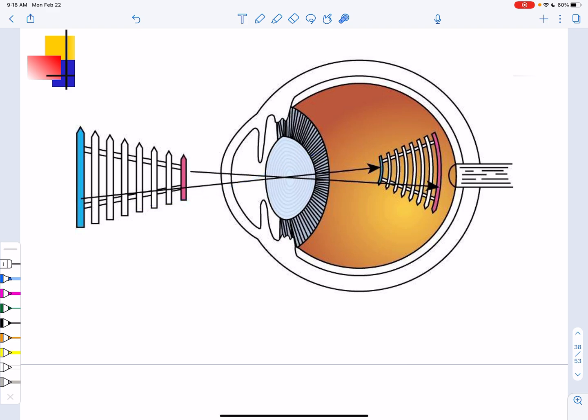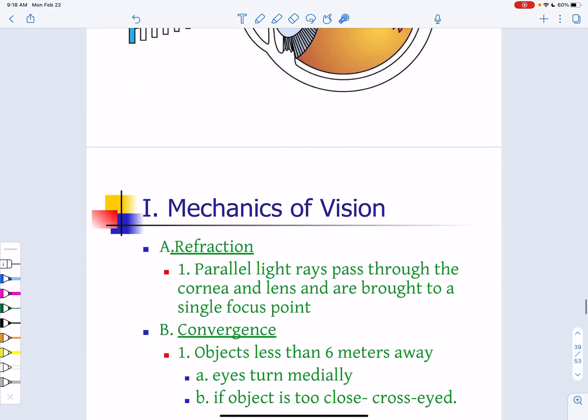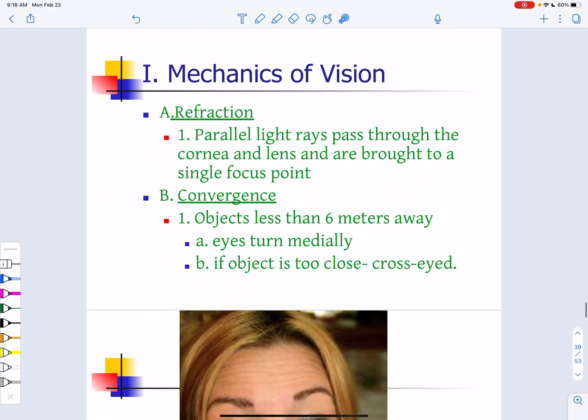So it flips it upside down and turns it front to back as it goes through your eye. And that is because the light travels only in straight lines, okay? And it's brought to a single focus point, which we call refraction. All right.